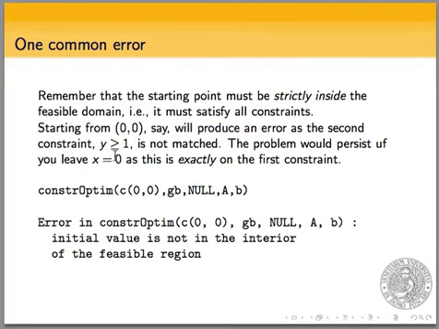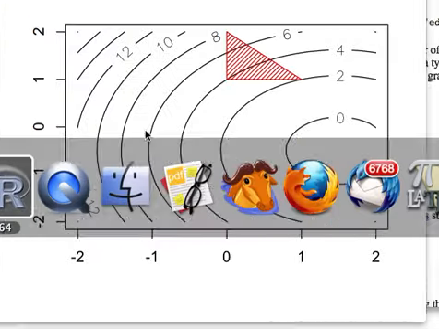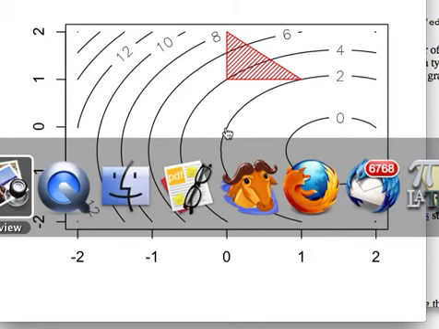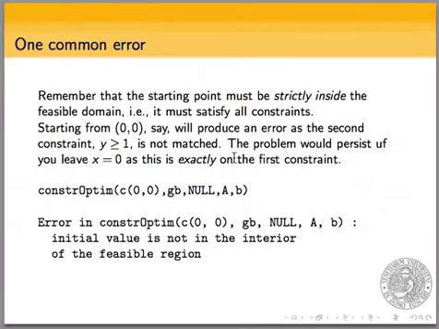So, for example, assume that I start from the point (0, 0). Let me go back to the graph. If I start from the point (0, 0), which is here, that's clearly outside of the domain. So if I start from that point, I am violating one of the conditions for the use of constrOptim, because, for example, the constraint that y is bigger than 1 is clearly not matched.